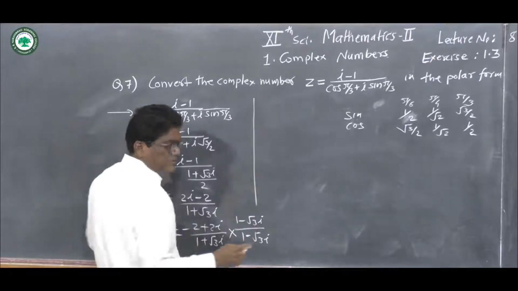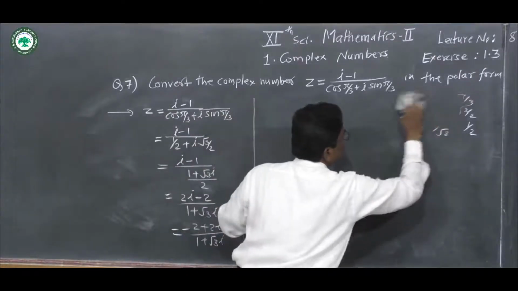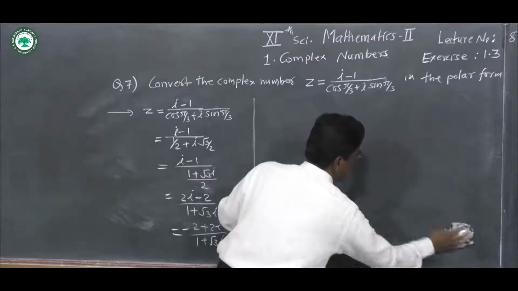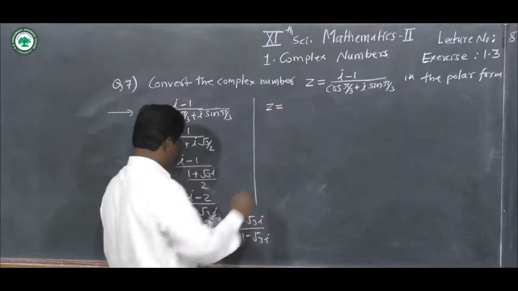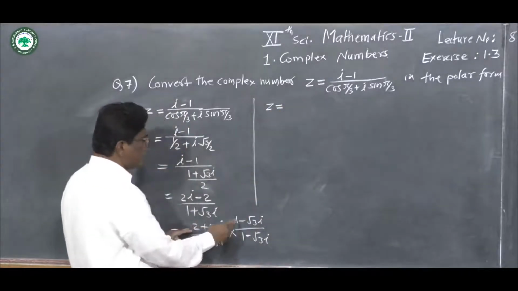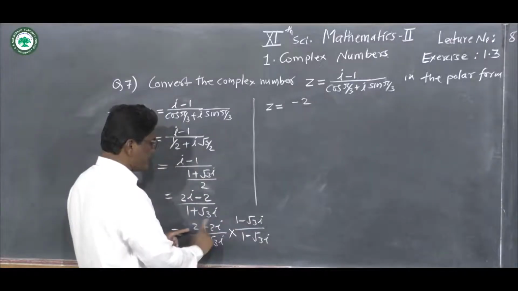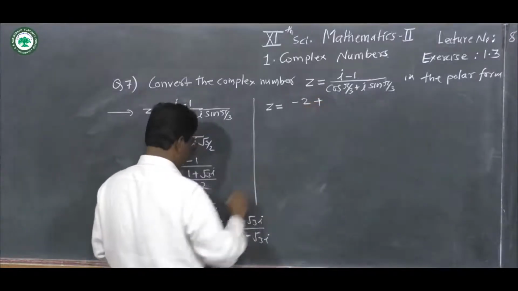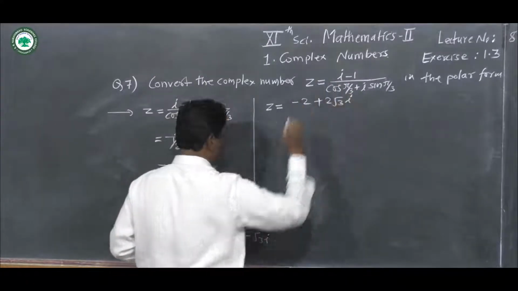So we get Z is equal to minus 2 into 1, that is minus 2. Minus minus plus 2 into root 3i, 2 into root 3i.